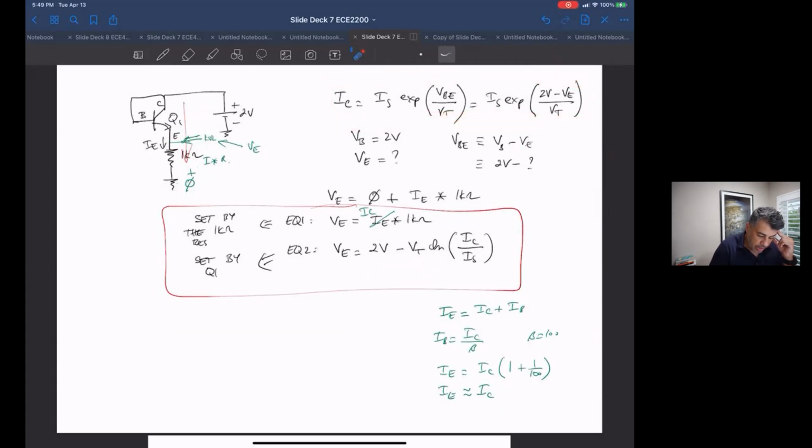So somehow I have to go from emitter current to collector current here, so that I have collector current and V sub E in both equations. I can do two things. I can either plug this thing in. Did you see how I got this?